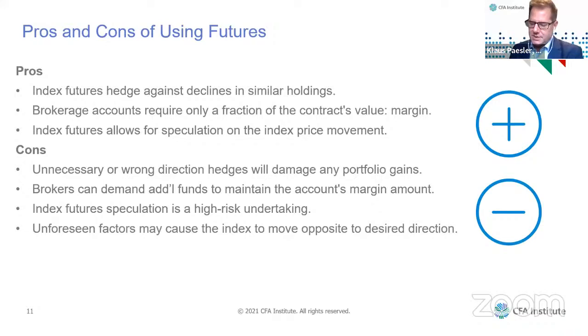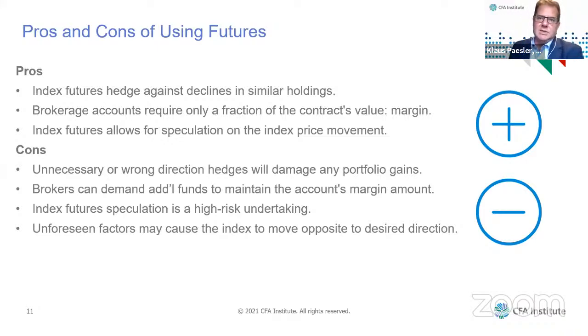So what are some of the pros and cons, again, of using the futures? The index futures does give you a hedge against decline in similar holdings, because you can take equity exposure off of the table, if you will, by not having to sell your actual physicals and realize those costs. You can just remove some of that exposure if we're concerned about adverse market conditions.